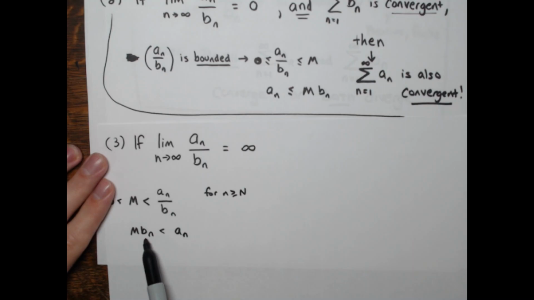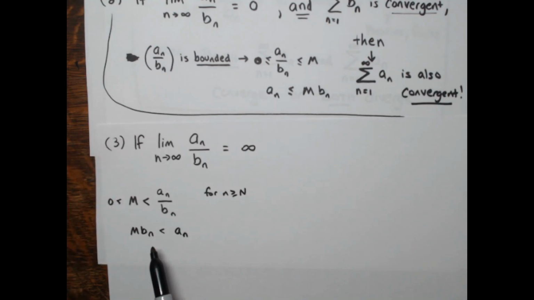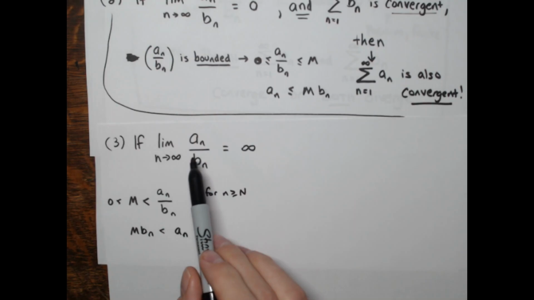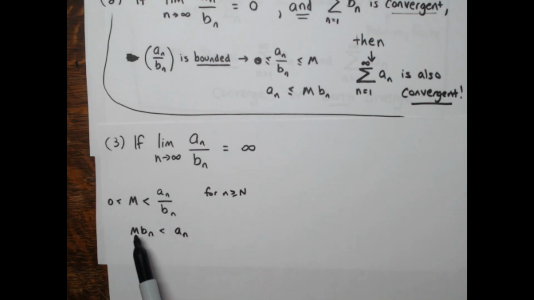So now here we can say, if b sub n is divergent, the series that's growing more slowly, then of course M times b sub n would also be divergent. And then we'd have the smaller terms diverging here, and then the larger ones must also diverge.